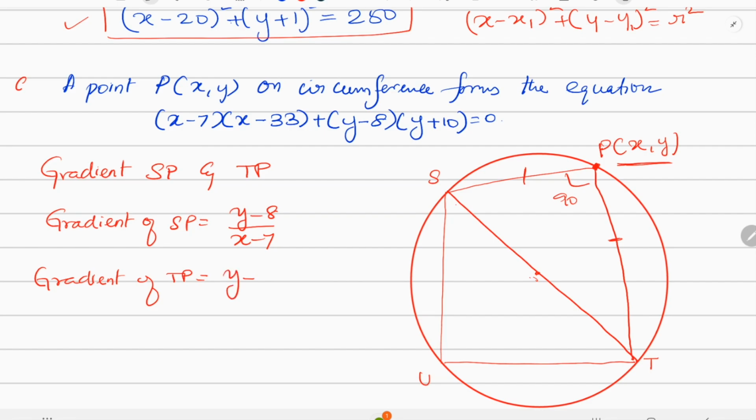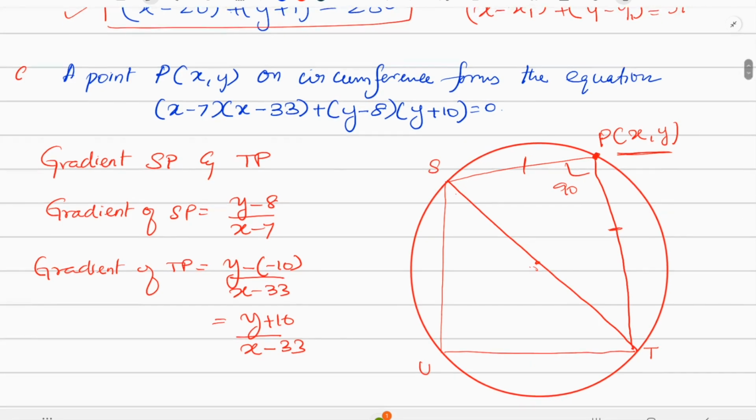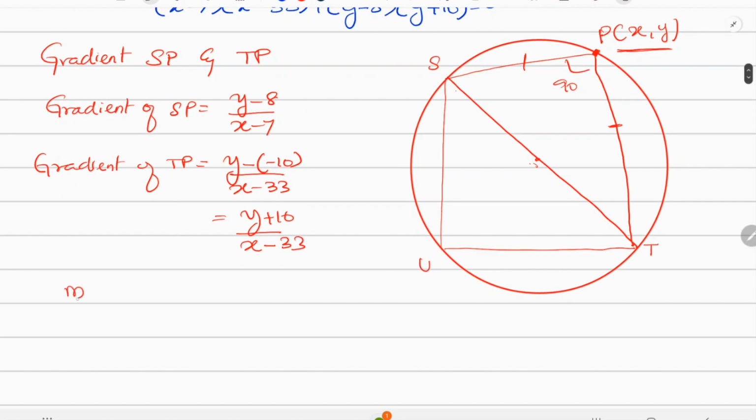So here y plus 10 divided by x minus 33. Once we find the gradient of the two lines, we need to use the rule. What is the rule here? If both the lines are perpendicular and form 90 degrees, then m1 m2 must be equal to minus 1.